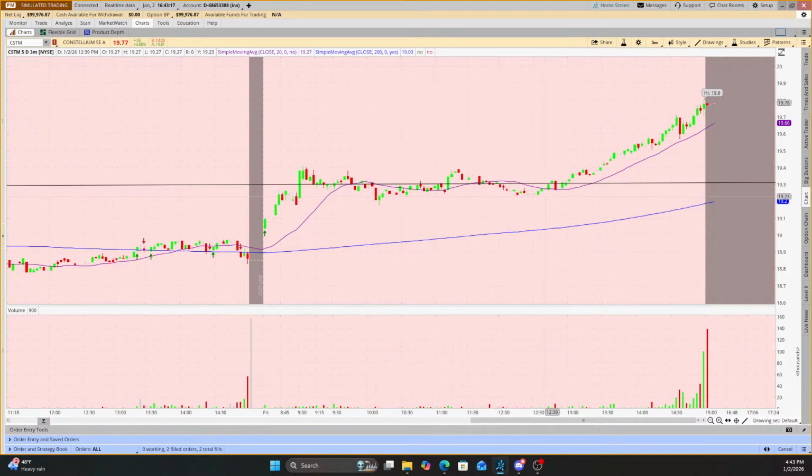Okay, so anywhere. Okay, boom. Trying to see what we would have bought. Elephant bar. Elephant bar.